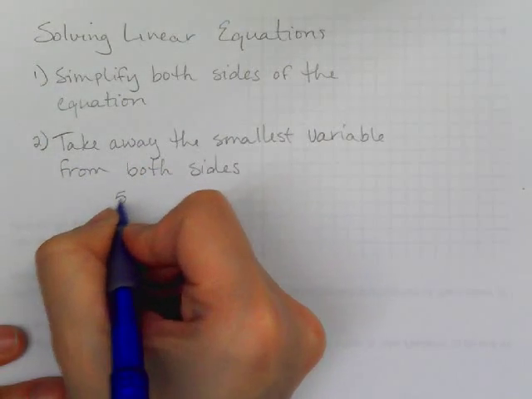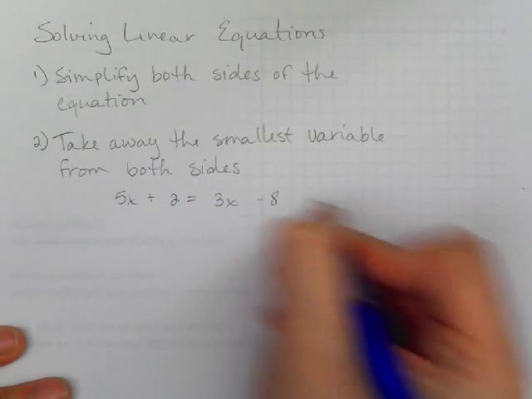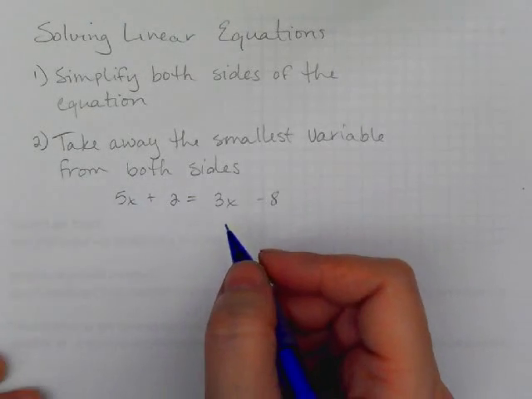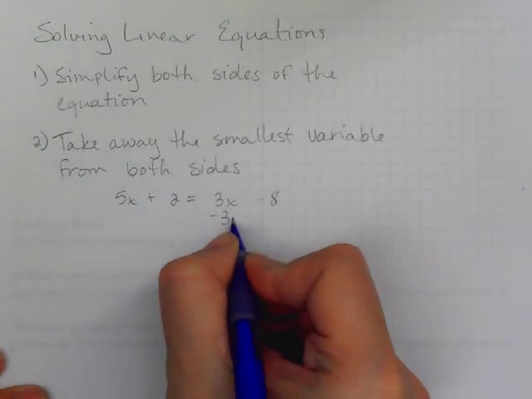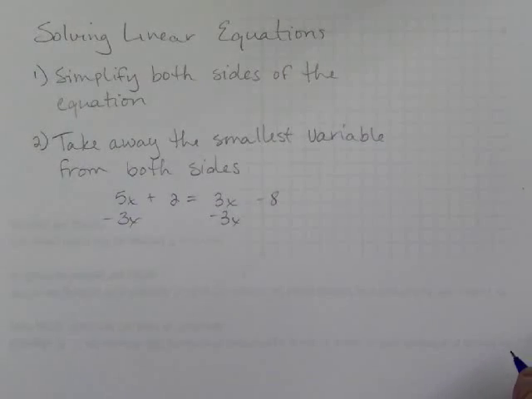So for example, if I have a 5x plus 2 and a 3x minus 8, I'm going to take the 3x away because that helps me avoid having to deal with negative numbers. So that's what I mean by that.